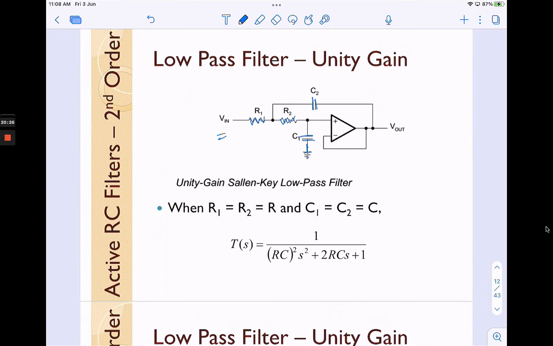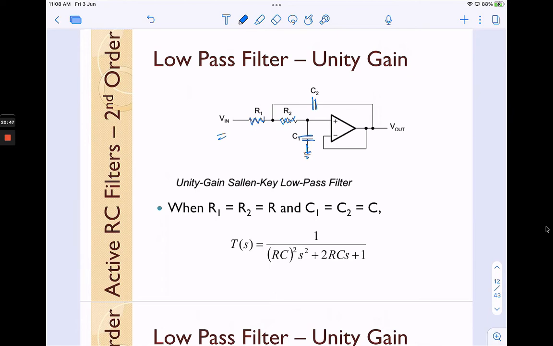You can just memorize one, either low pass filter or high pass filter, and you can get the other configuration as well. It's just a compensation from the low pass filter for the high pass filter.